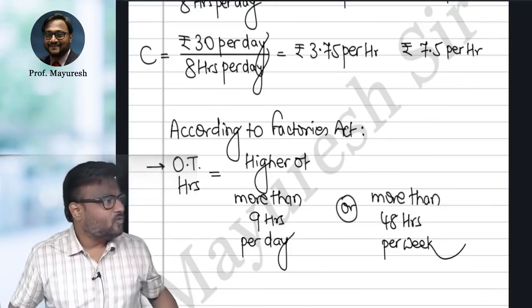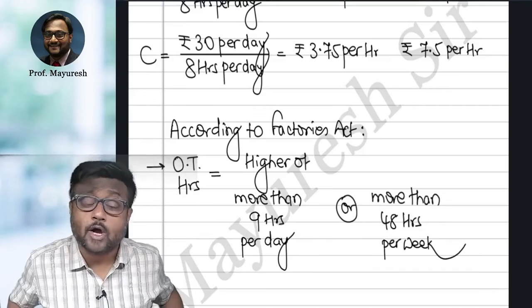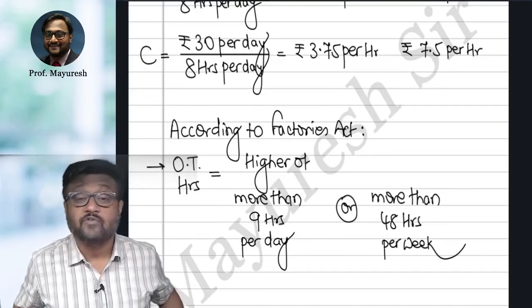According to the Factories Act, overtime will always be decided on the basis of more than 9 hours per day or more than 48 hours per week, whichever is higher.